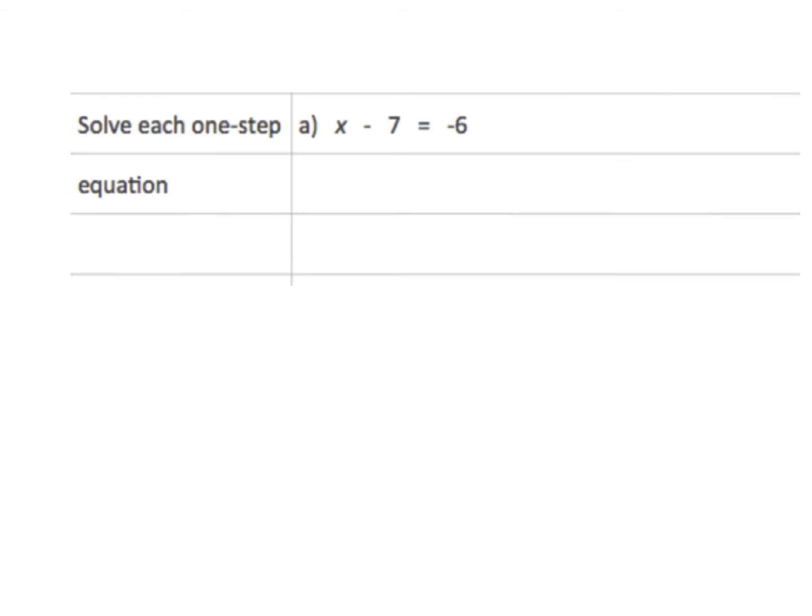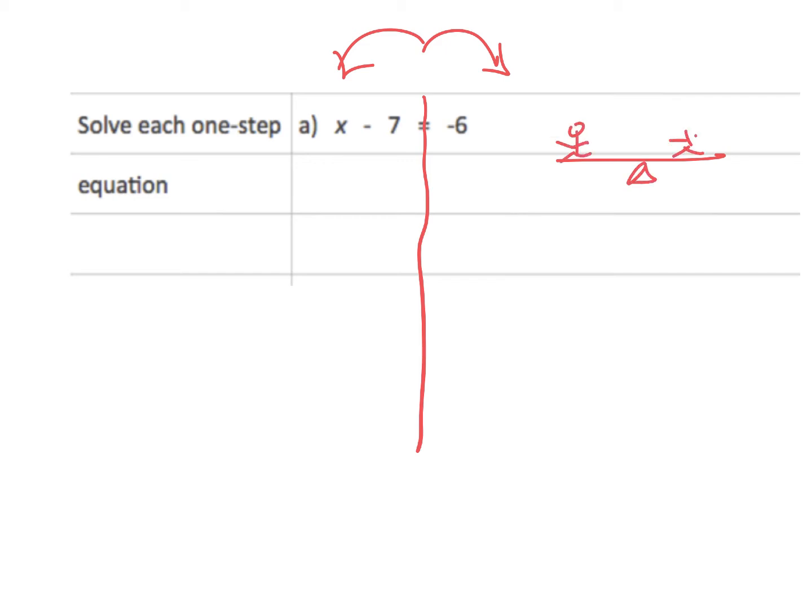So x minus 7 equals a negative 6. So what we're going to do is I'm going to draw a line down this. Whatever we do on one side of the equation, we have to do on the other. It's kind of like keeping a teeter-totter balanced. If I add one kid on one side, I have to have one kid on the other side in order to keep it balanced. So we're going to undo what's in the equation.